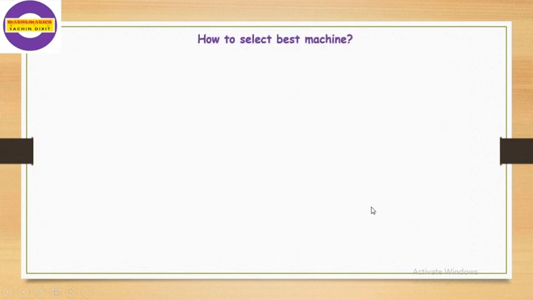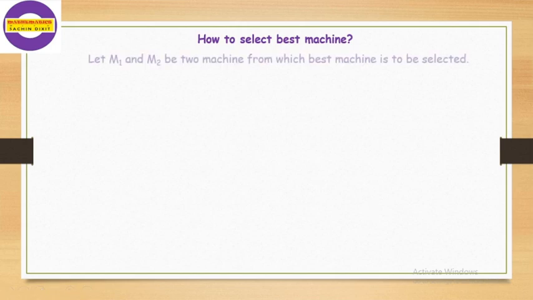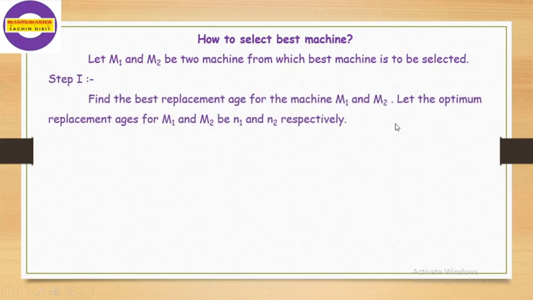Before starting the example, first we revise how to select the best machine. There are 3 steps. Let M1 and M2 be 2 machines from which the best machine is to be selected. Step 1. Find the best replacement age for machines M1 and M2.